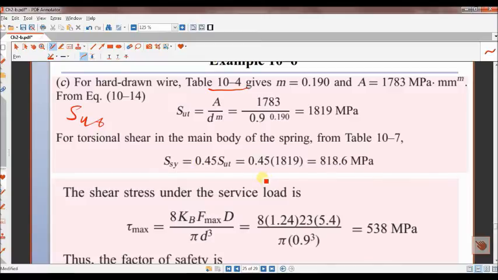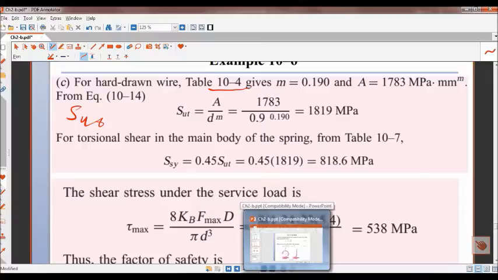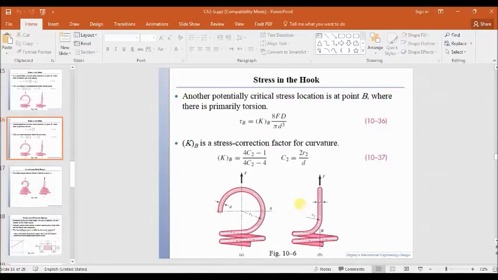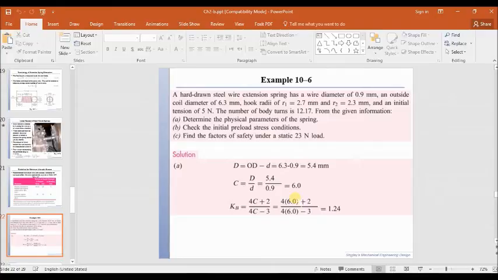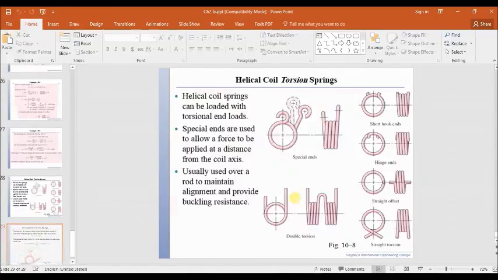Okay. Now here we have to refer to table 10.7 to notice an important issue.